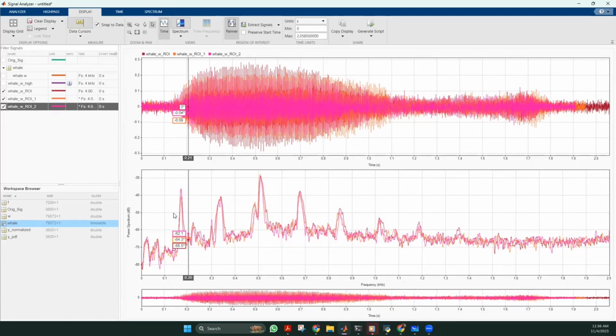I can also use some data cursors to find the peaks of these signals, like 36, 37, 41. These are very similar values. The peak values are also kind of near. If I want to find two data points, I can go to data cursor and select two different points to compare.